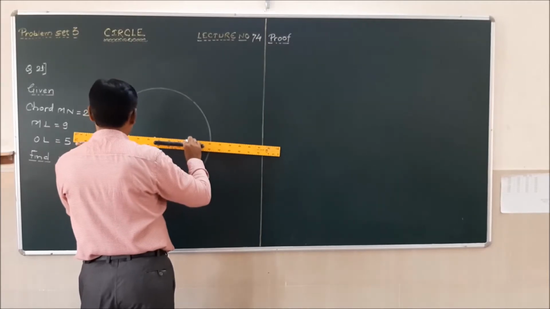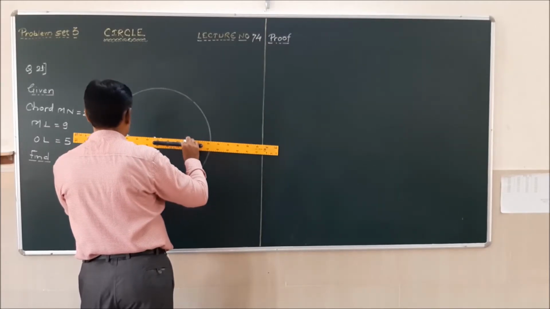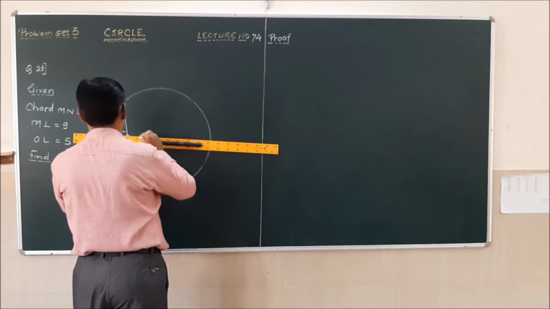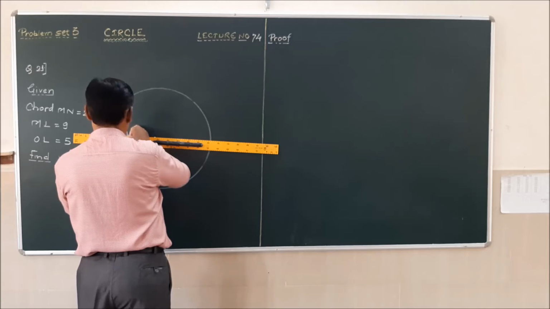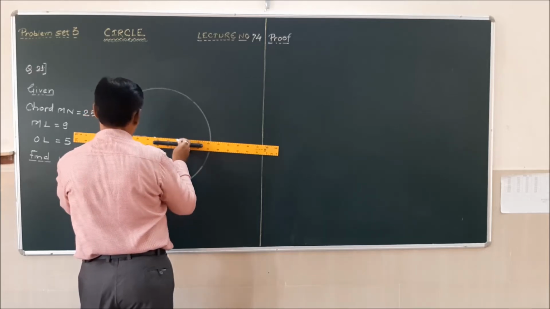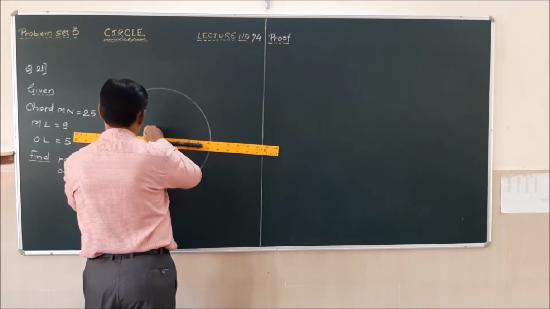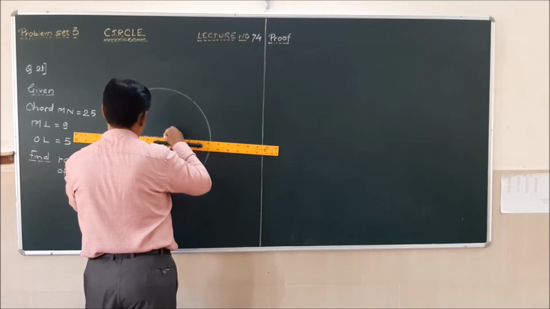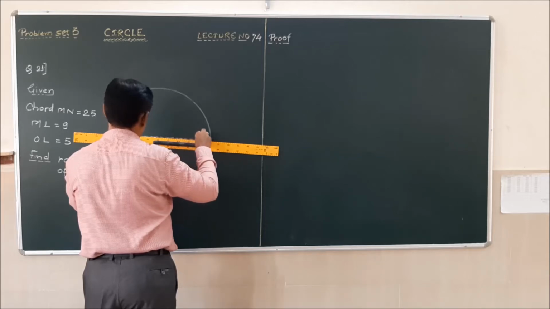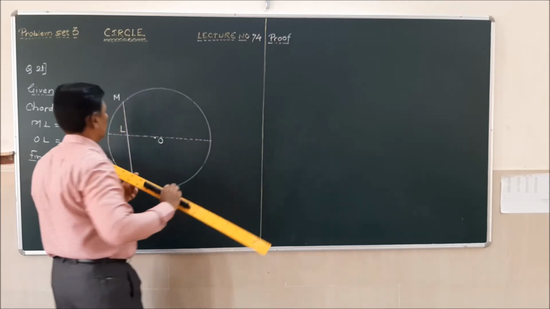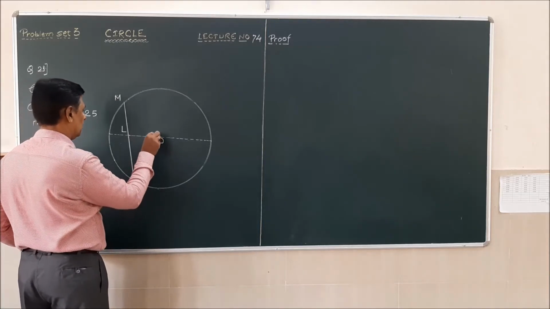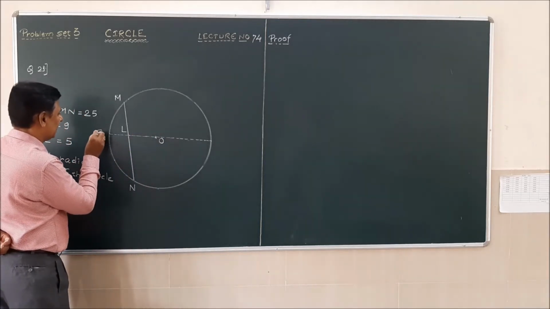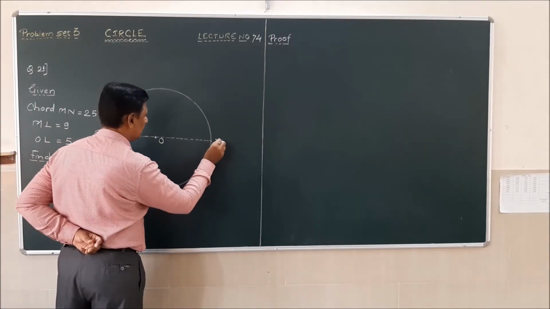And OL is given as 5. I'm going to label the endpoints of the diameter as S and T.